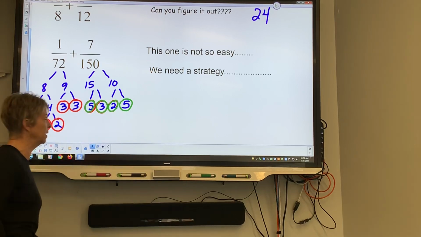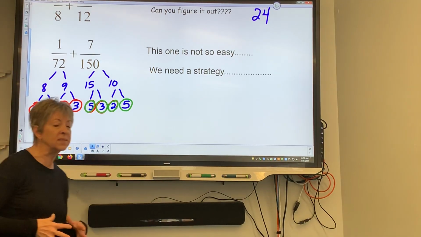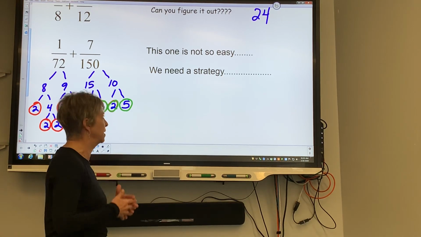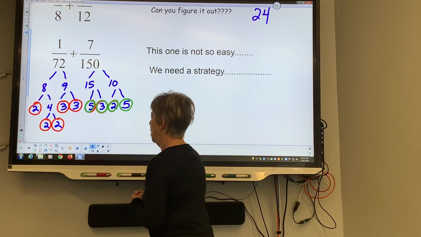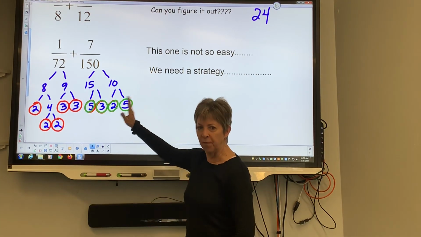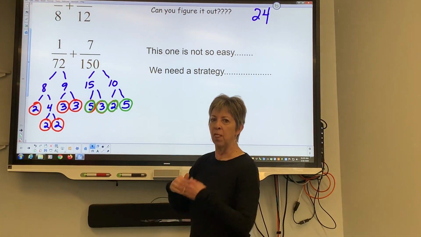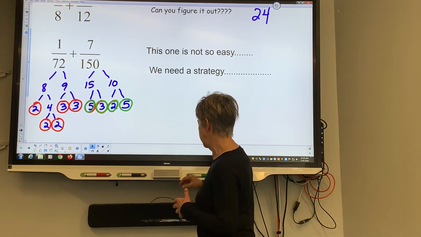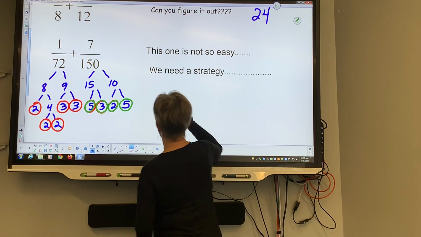Okay? Now, to find the least common multiple or the least common denominator, we need to take every different factor that you see there, the most number of times it appears in any one denominator. So let me write that down.